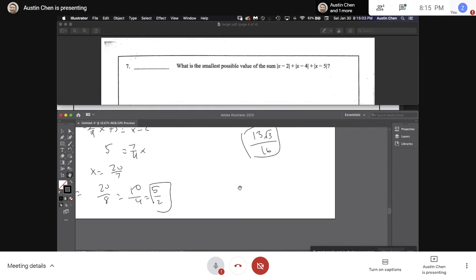What is the smallest possible value of the sum of the absolute value of x minus 2 plus the absolute value of x minus 4 plus the absolute value of x minus 5? And x can be any real number.